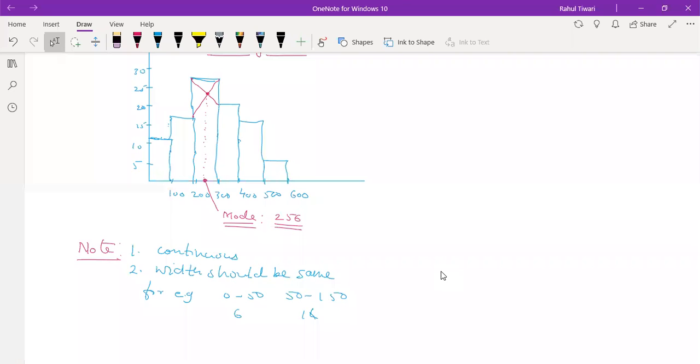Suppose I have these two. I have this data, and I want to find out, I'm saying randomly, the class mark or mode for this data. Okay, mode for this data.